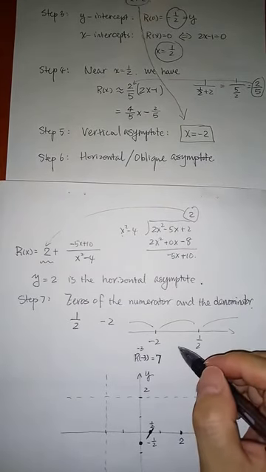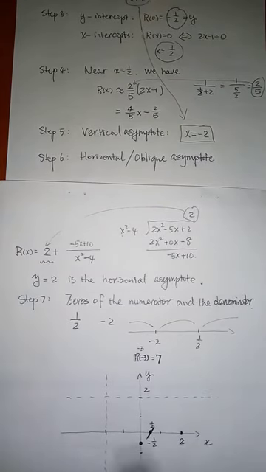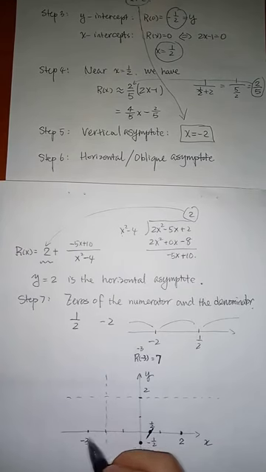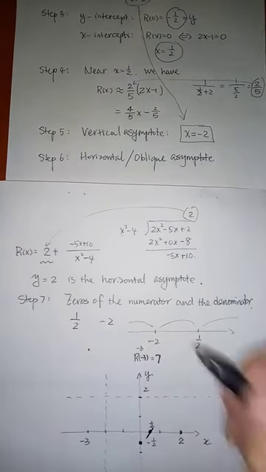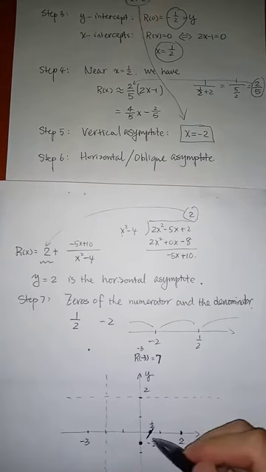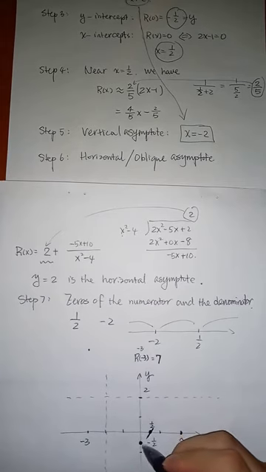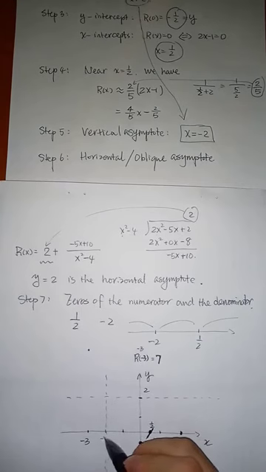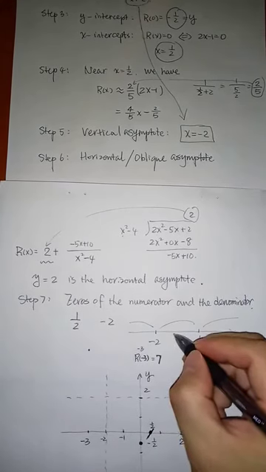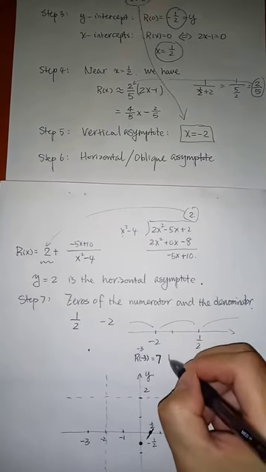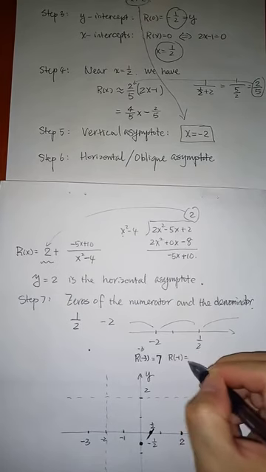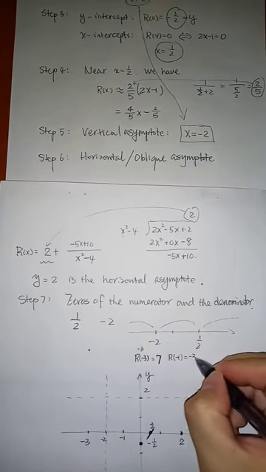It's very tall. And between them, you can pick 0, already computed. You can pick negative 1. This is negative 2 and negative 1. You evaluate r of negative 1, which you computed, it's negative 3.